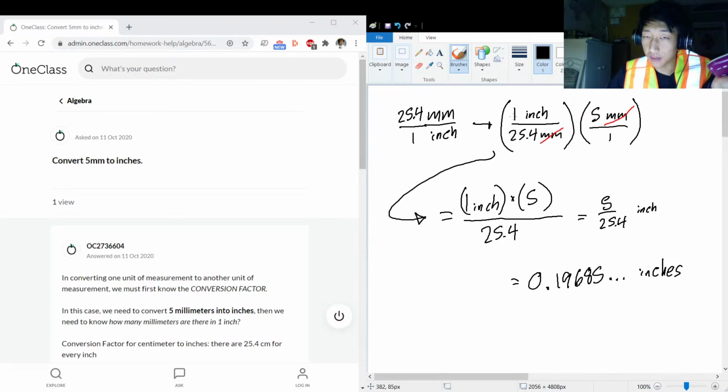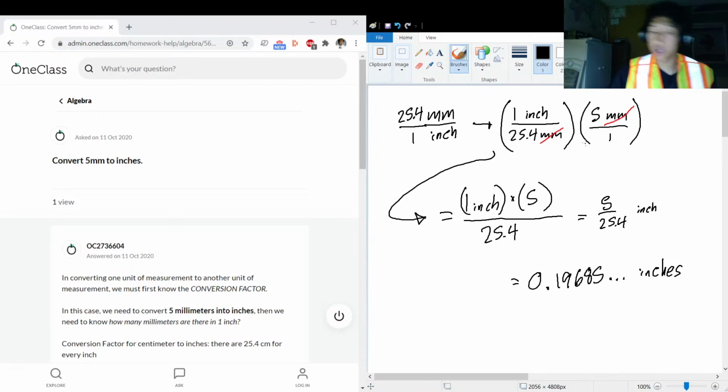Just make sure that you have a fraction like this that tells you the relationship of how many millimeters per 1 inch: 25.4 millimeters per 1 inch, or 1 inch per 25.4 millimeters. You want to have that fraction, and using that you can do a unit cancellation and multiply it properly. The units will cancel out and you should get your final answer in the proper units.